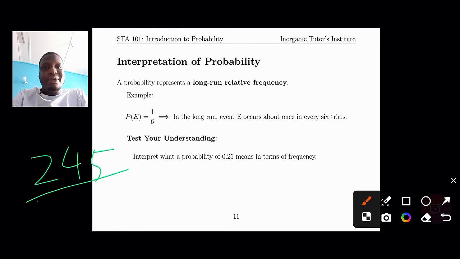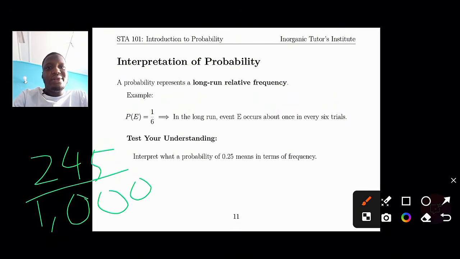So dividing this by, sorry, let's use 1,000 instead. Sorry about that. So 1,000, and we realized we had 245. So in that case, we have 0.245.